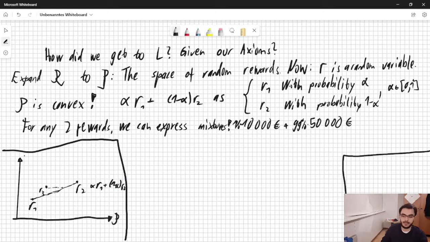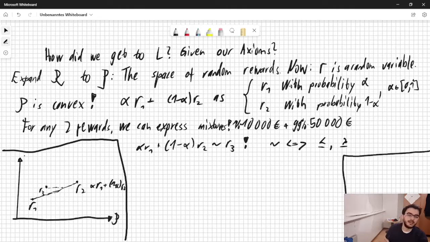What do I mean by the same? I just mean that with this sign, basically smaller or equal, although we don't mean smaller or equal, we mean preferable, and larger or equal, so none is better than the other.